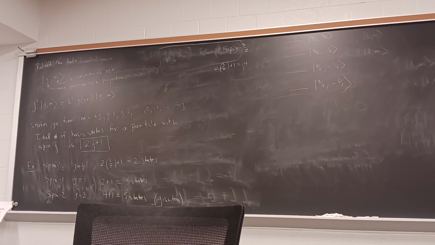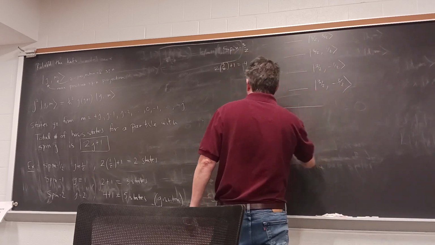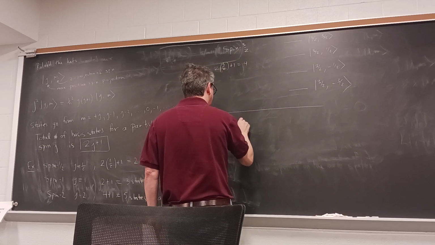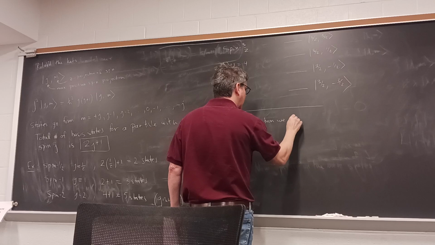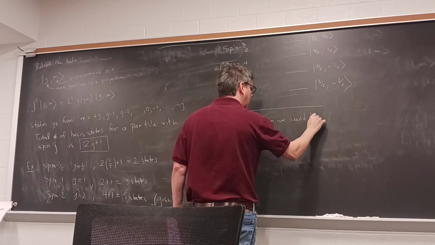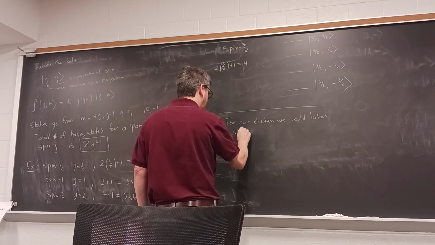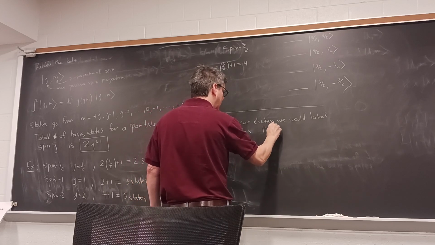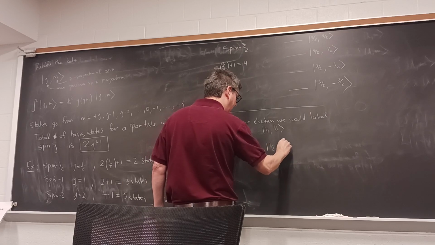Okay, so for our electron, we would label the states one half, 1 half, and 1 half, minus 1 half.